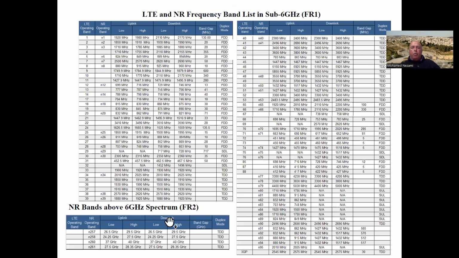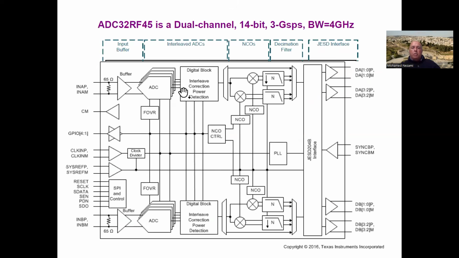Right after you digitize and bring it to baseband, you're not interested in having gigasamples per second. All you need is twice the bandwidth of the information to recover this signal. The bandwidth of the information is hundreds of megahertz, tens of megahertz, sometimes even kilohertz for narrowband comm stuff.